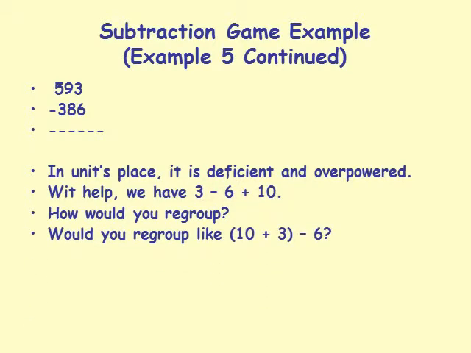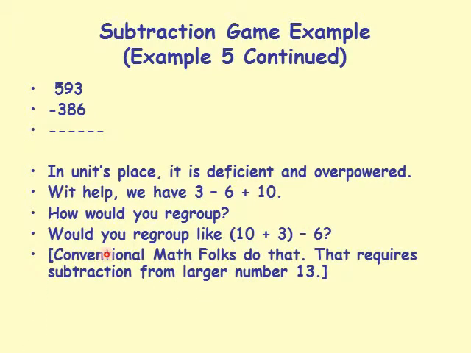Would you regroup like 10 plus 3 minus 6? That's the one that was taught to me in second grade. Stick the one borrowed from the left column to the left of 3, and it becomes 13. That makes 13 minus 6. Conventional math folks do that all the time, and that requires subtraction from a larger number, 13.